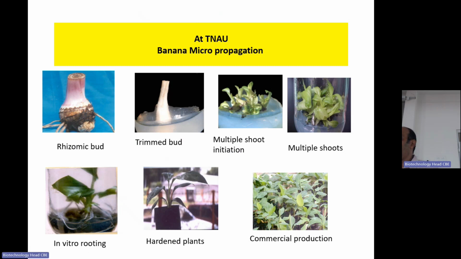Because of apical dominance. Because that controls all other side branching, there will be no side branching in banana. So when you remove all the sheaths and get into the inside of this pseudostem, you cut all this, and you will see the striations.